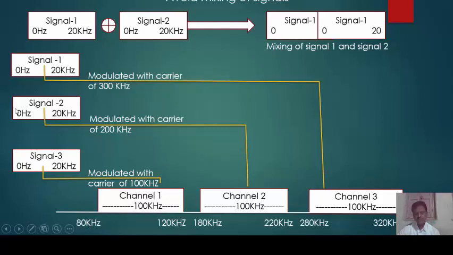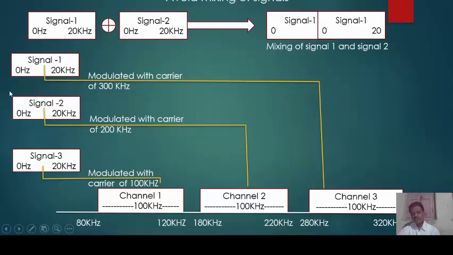Now this is the second signal, and suppose the second signal is modulated with the help of 200 kilohertz. Here the 200 kilohertz is the carrier. As an example of modulation, we use a motorcycle or a car or an aeroplane for traveling a large distance, or when we want to go from one place to another place.